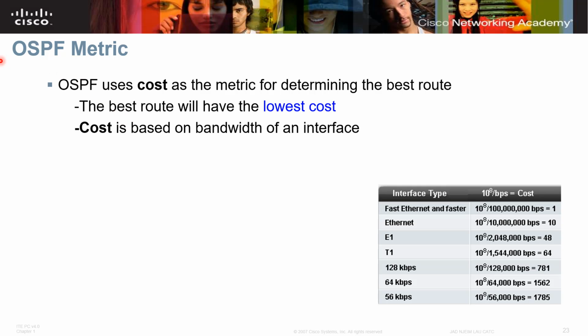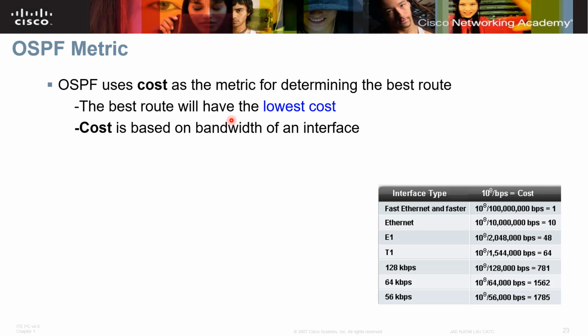Here, important: the OSPF metric. What is the metric that we use for OSPF? Every protocol uses a different type of metric to select the best path. For example, RIP considers the number of hops. Other protocols consider bandwidth, delay, reliability, and load as optional. Here in OSPF, we consider the cost as the metric to determine the best route.